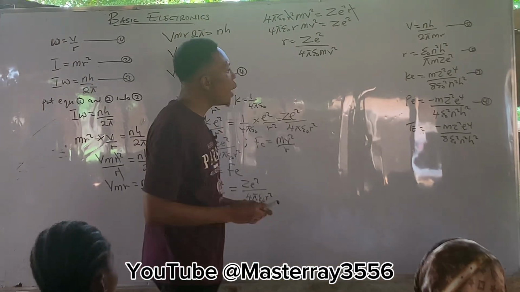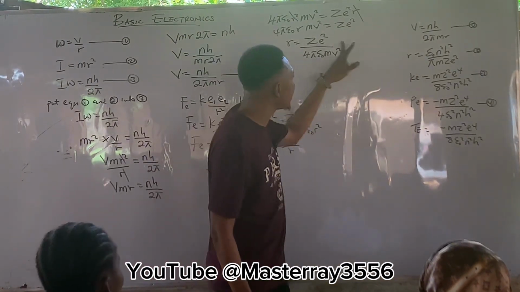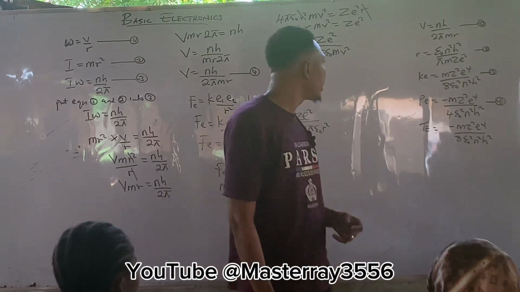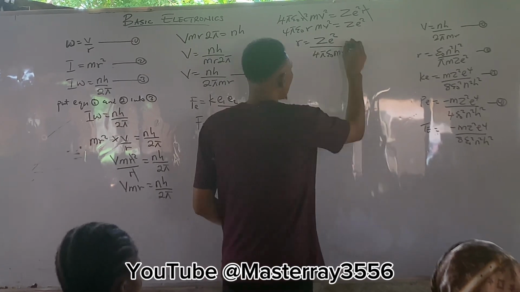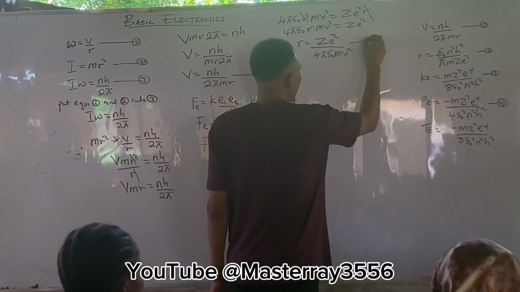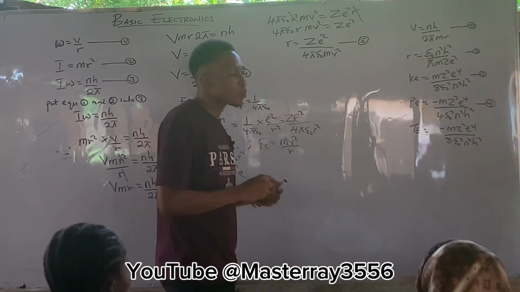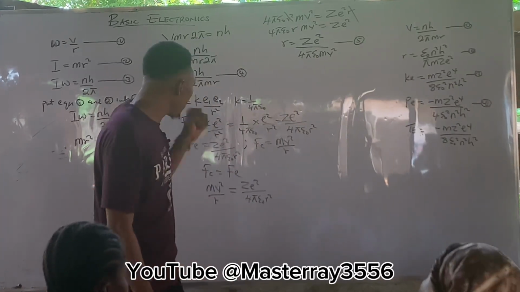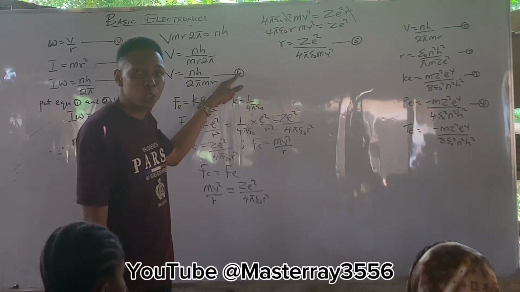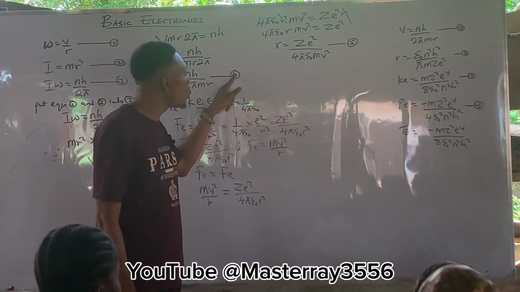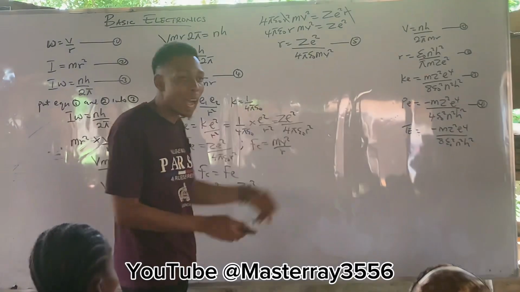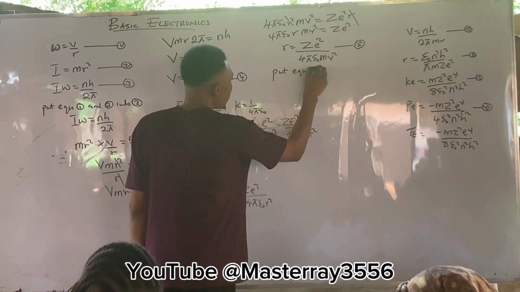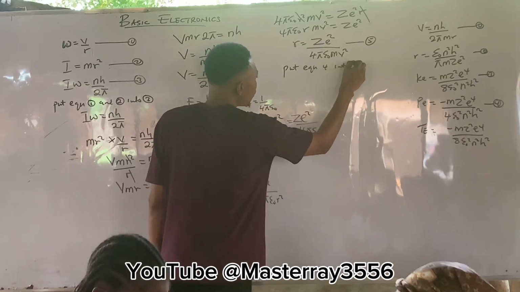Yes. Now, if you compare these two equations, are they the same? No, they are not the same. What you do, you can decide to call this equation 5. Then remember there, we said let it be our equation 4, right? Yes. So now substitute equation 4 into equation 5. So we put equation 4 into 5.